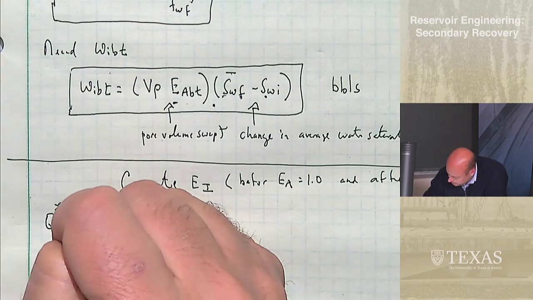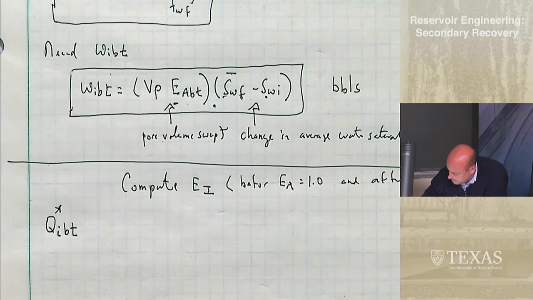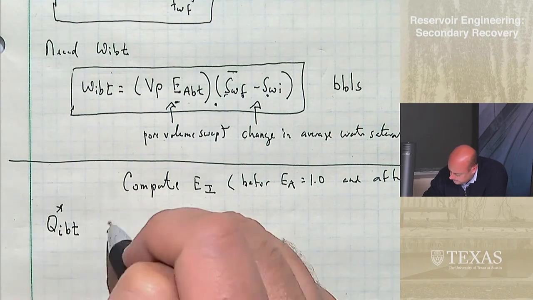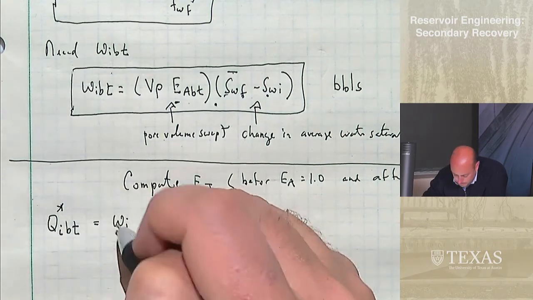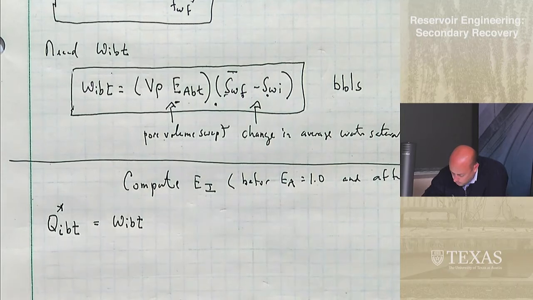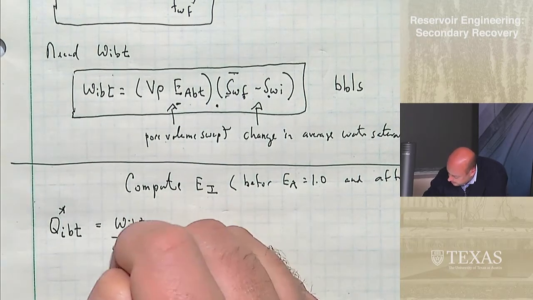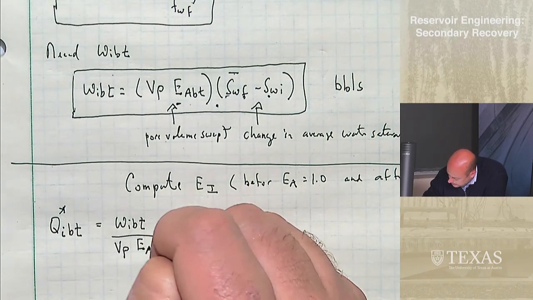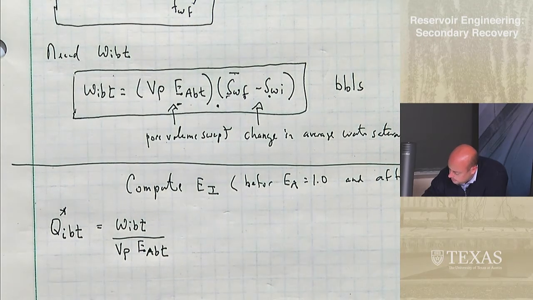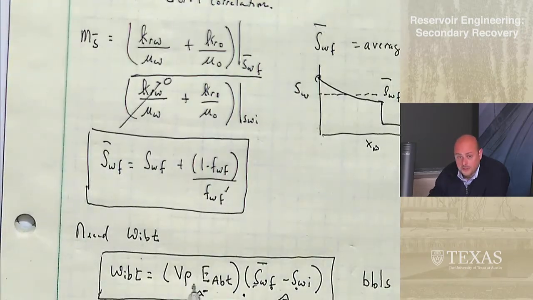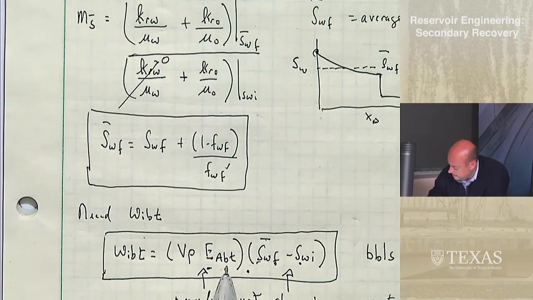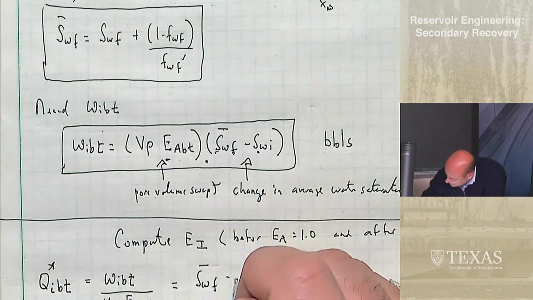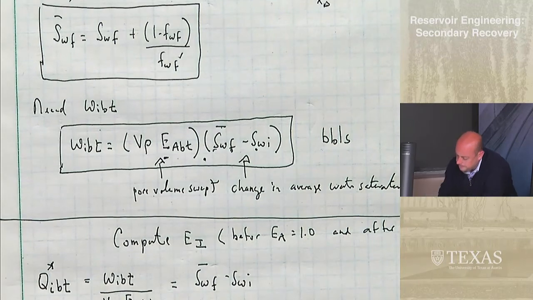And at breakthrough time, so this is basically the dimensionless time for breakthrough, which is the amount of water injected at breakthrough divided by the pore volume divided by EABT, which from this formula, you divide by VP EABT, it's just equal to SWF bar minus SWI.